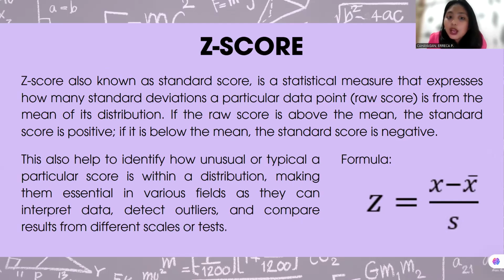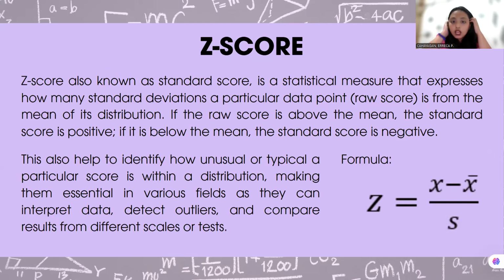So the z-score helps solve this problem by showing how far your score is from the average, measured in units called standard deviation. So this z-score tells you how many steps you are away from the average score. If this is the average score, how many standard deviations away are you?